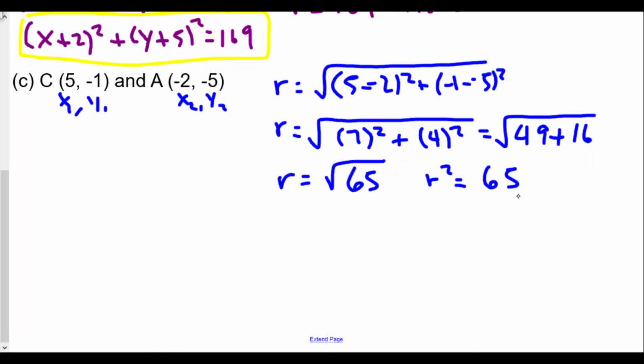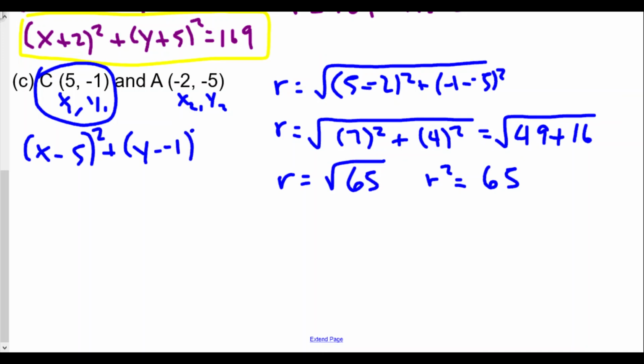So again, we plug in our h and k values, so x minus h. So x minus 5, again with our center, that's what we're using here, x minus 5 squared plus y minus -1 squared equals 65.